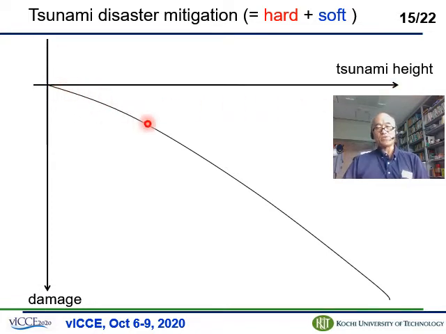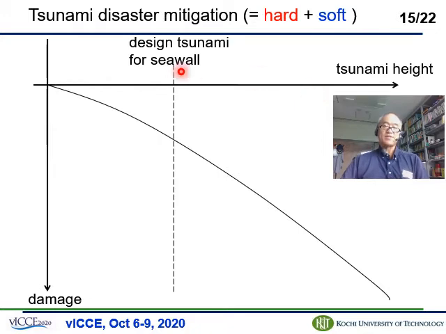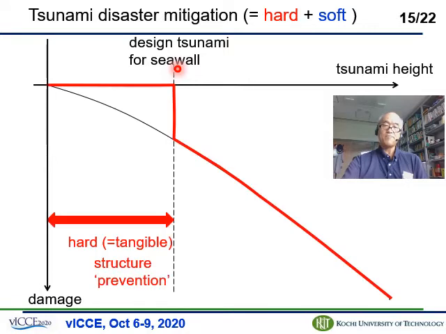Tsunami damage accelerates as the tsunami height increases. Once we introduce the design tsunami level, we can construct seawalls of this height, and then the damage below this level will be avoided like this.